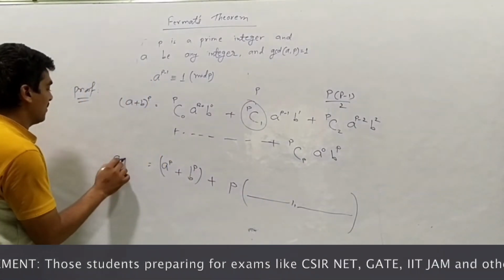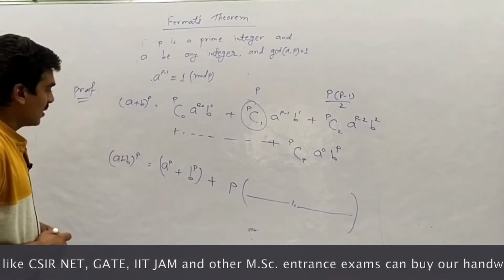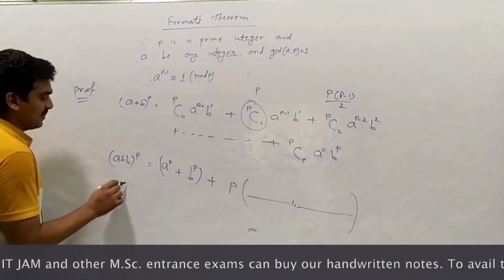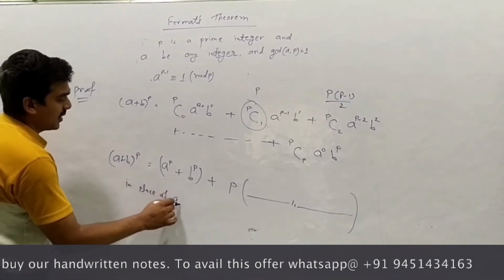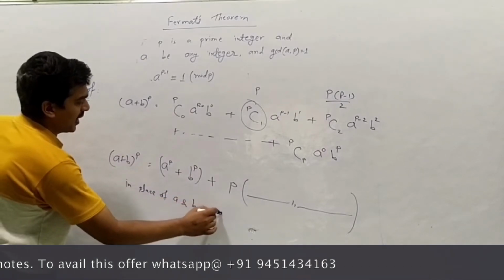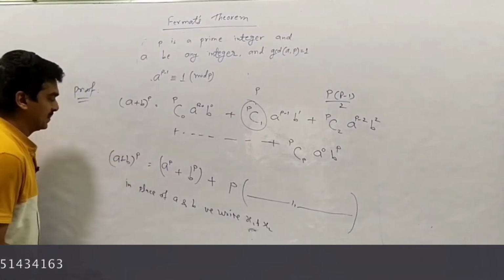So (a plus b) raised to the power p. In place of a and b, we write x1 and x2. Any problem?